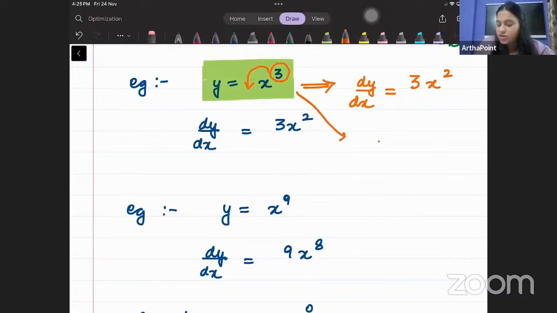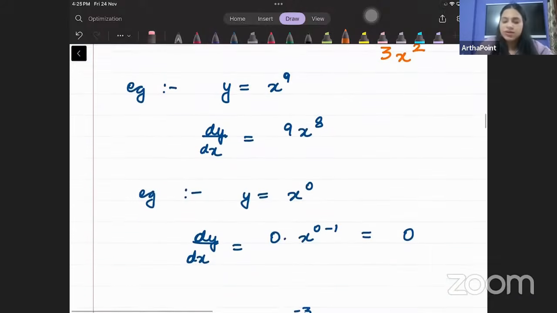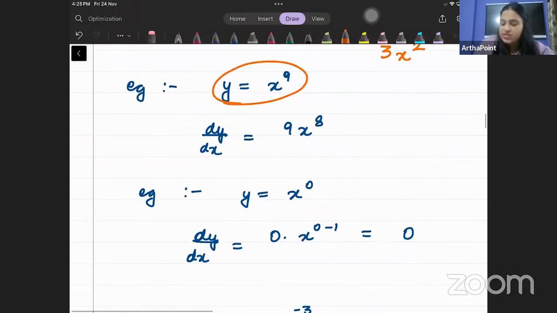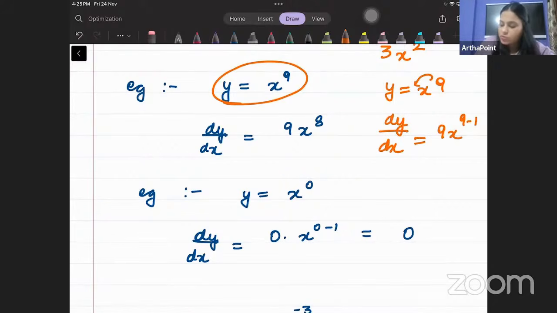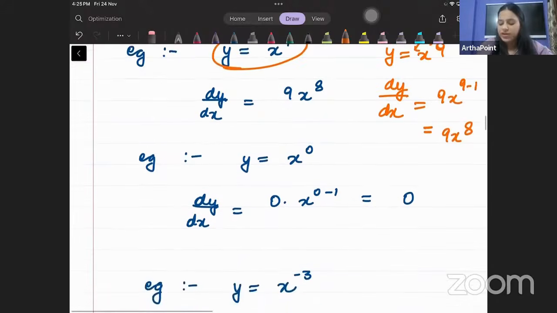How did I differentiate it? 3 comes down and this becomes 3 minus 1. So 3x square. Beta, look at the next example. y is equal to x to the power 9. So dy by dx will be what? Beta, power will come down, power will reduce by 1. 9x to the power 8.